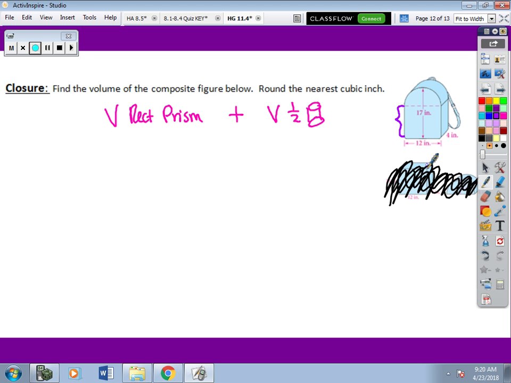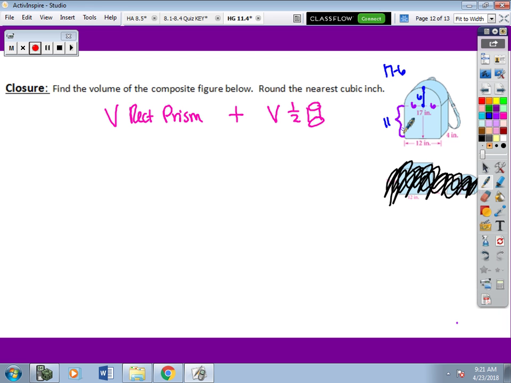The diameter of the cylinder is 12, which will break this into 6 and 6. So then we know a radius can be drawn anywhere. So the radius could be drawn from here to here, and it would still have to be 6. So at that point we can do 17 minus 6 to get that this part has to be 11.